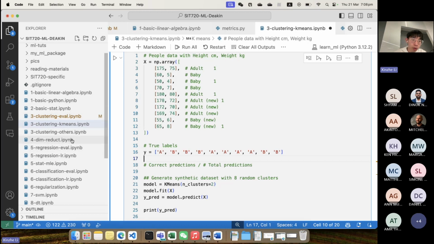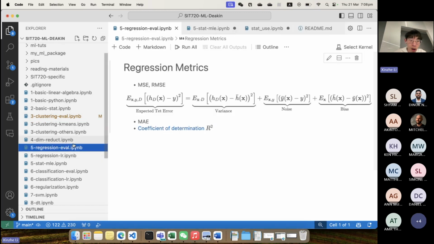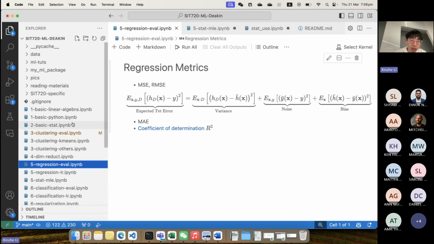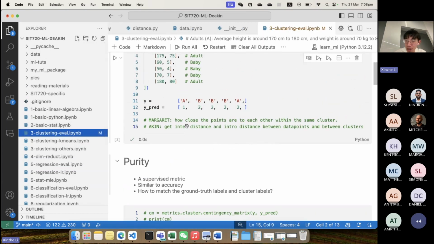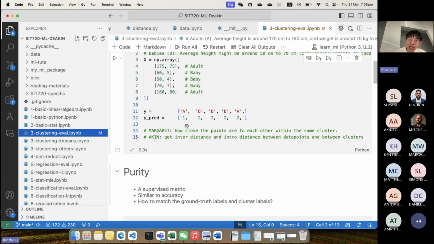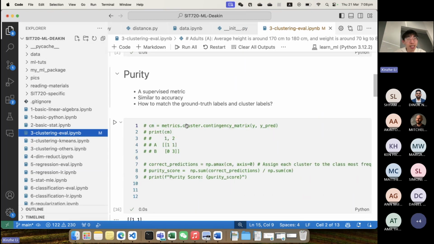Why I want to show you how you can code this is because it will bring out something called the contingency matrix. It's not necessary in clustering, but if you see scikit-learn, it uses a contingency matrix to calculate the purity score.